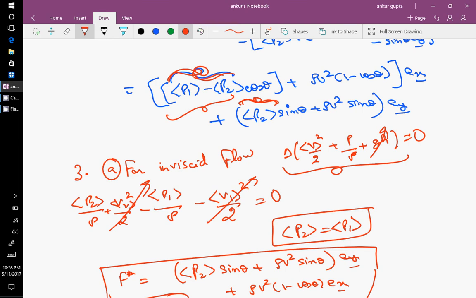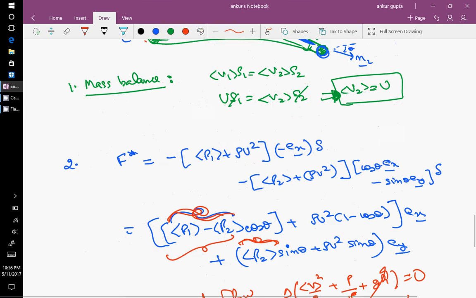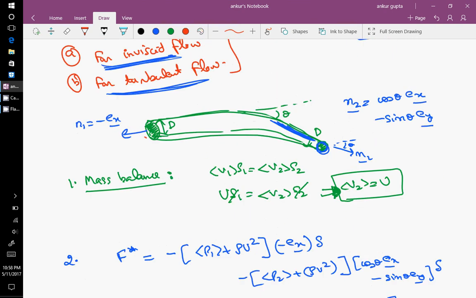However, that does not mean that the force will be 0. There can be some forces on the wall, and that is the point, that even if you have inviscid flow, there can still be some force which you are applying to the system, F star not necessarily 0, because the fluid is going through some bending.